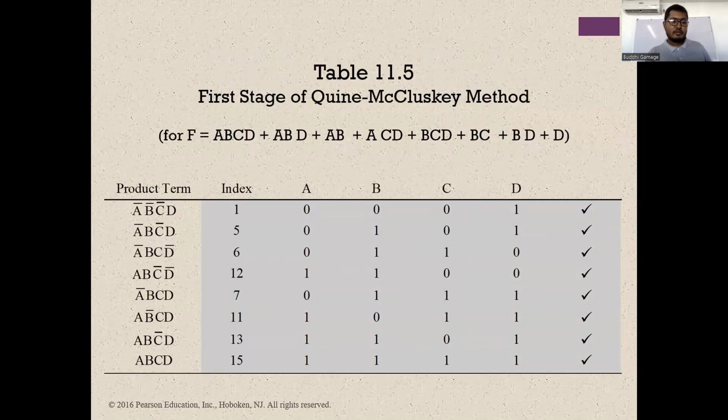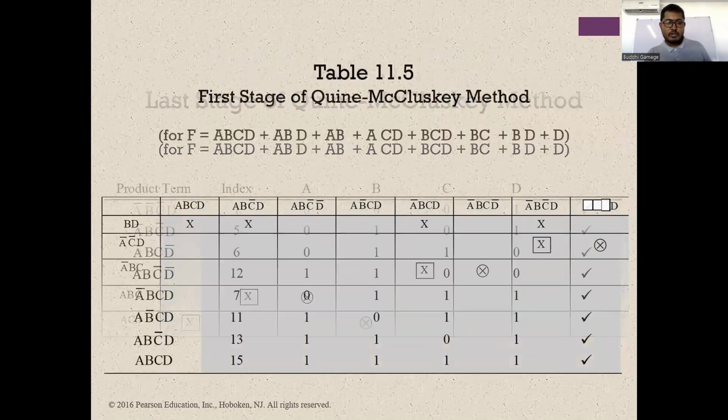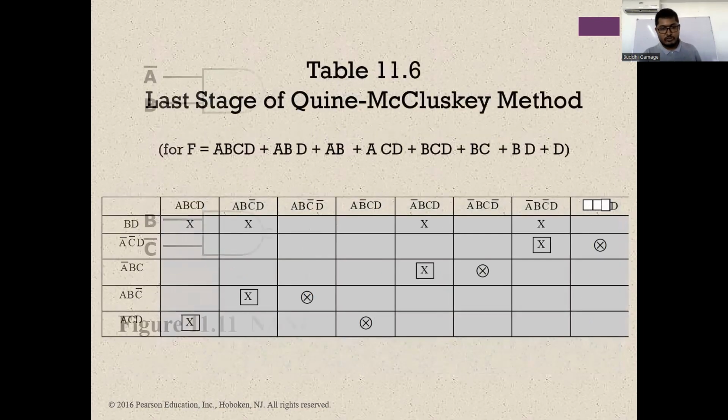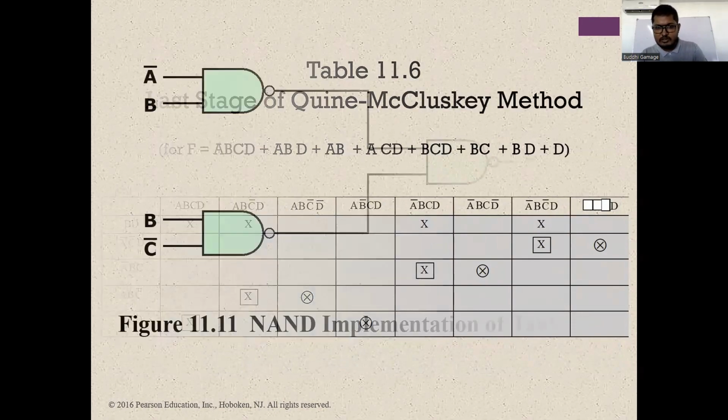After that, when there are more than four, we need some kind of method to simplify a given Boolean expression. So maybe we'll need to self-learn the Quine-McCluskey method. Okay.